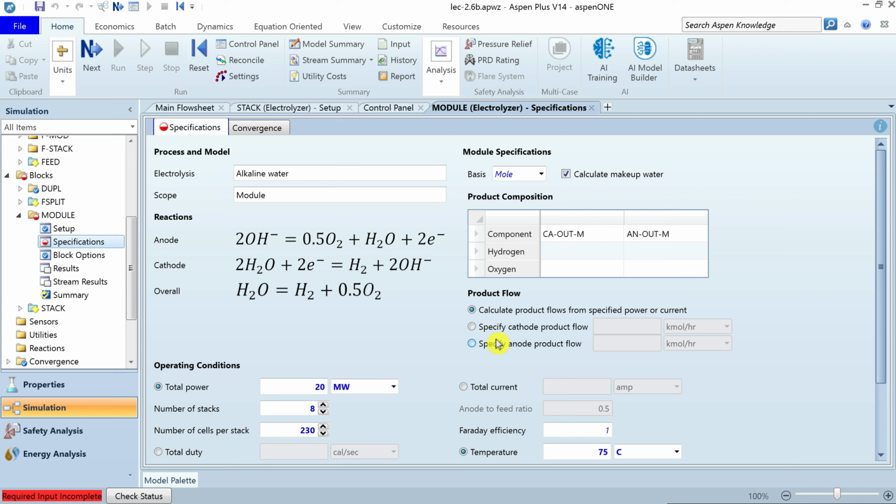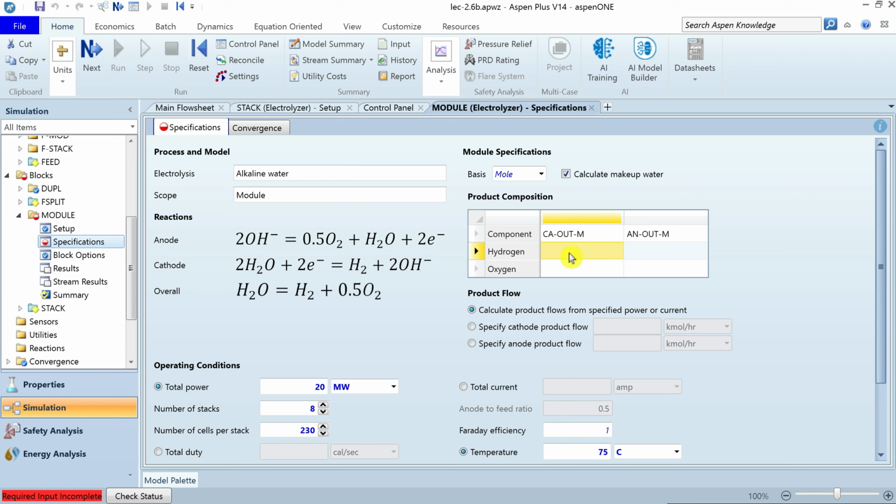Additionally, you can define the cathode product flow or the anode product flow along with the expected product composition, or you can define completely the product composition on the anode side and the cathode side and calculate the product flow based on the makeup water and power consumption. In the example, it was specified that the purity of the cathode and the anode was 96%.